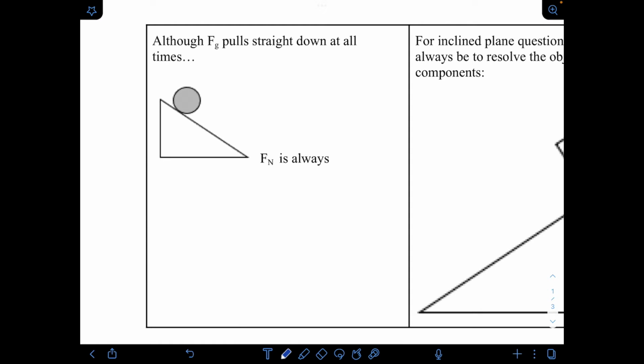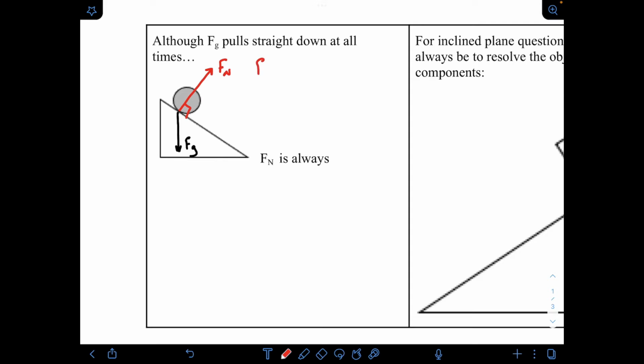Here is something our brains aren't going to like much. We have the weight, Fg, pointing straight down. And if we remember something about the normal force, it was always perpendicular to the surface. In this case, the surface is at an angle, so my normal force is pointing off at an angle.